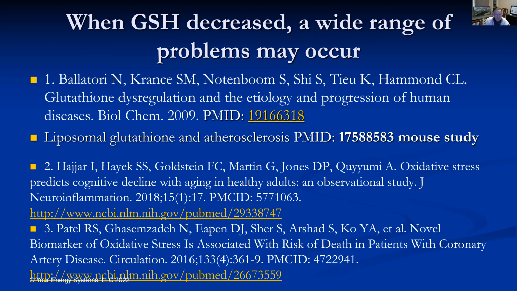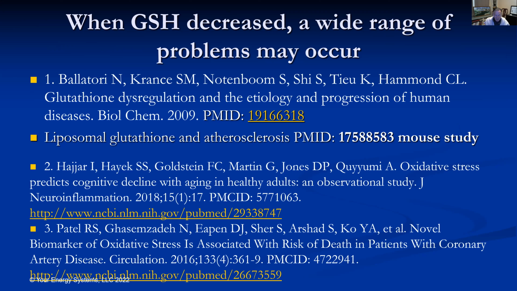Dr. Ballatori was nice enough to include our early paper on liposomal glutathione and the diminishing of atherosclerosis in a mouse model of atherosclerosis. But subsequently, other studies have shown that deficiency of glutathione will predict cognitive decline in people as they get older, even in apparently healthy individuals.